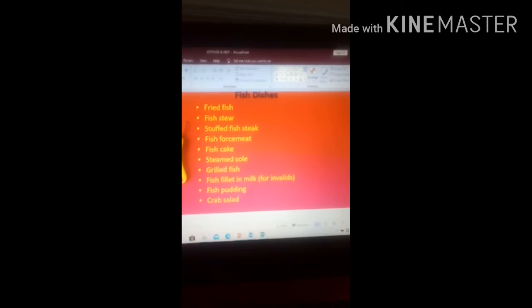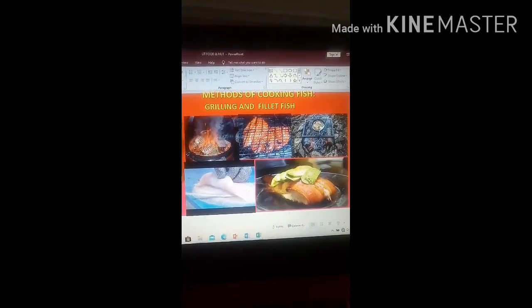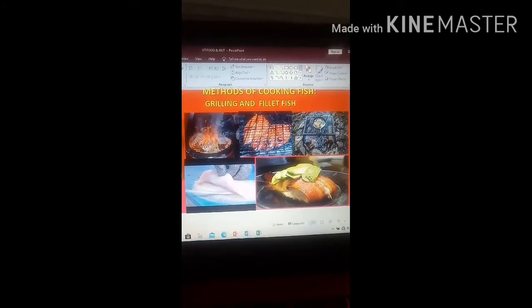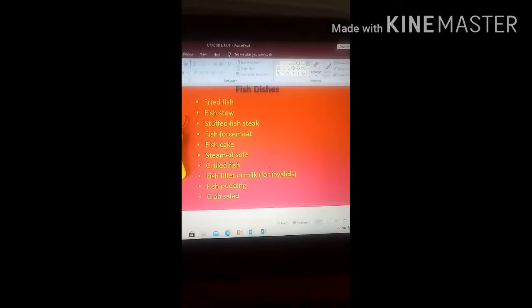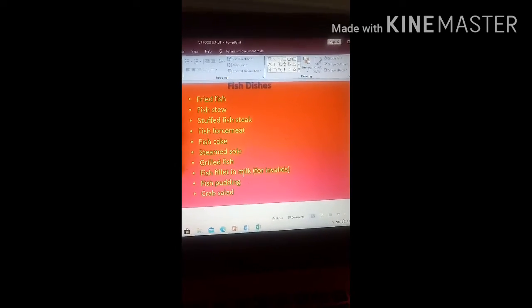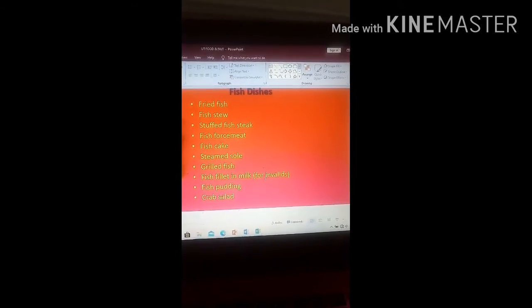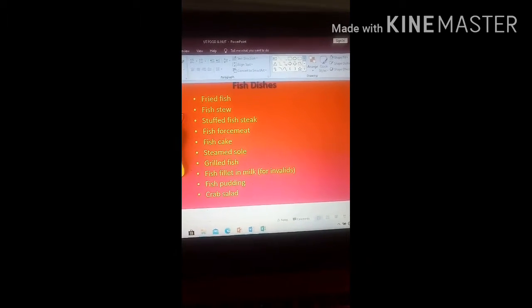You can grill the fish. I have showed you earlier here. This is the grilling method. Then this is stick fish. Then you can use fish fillet in milk. That is for invalids. Then you can make fish pudding. You can make crab salad.